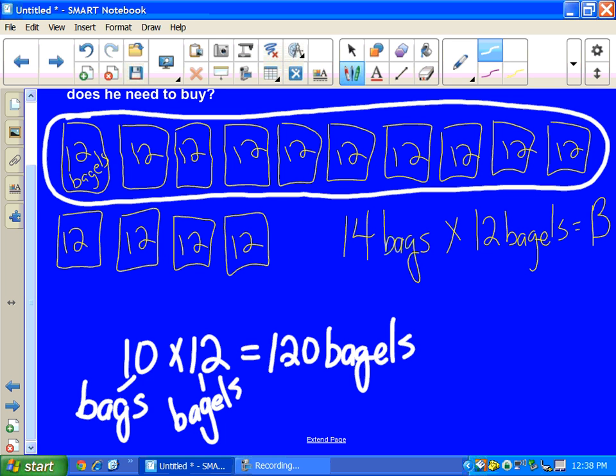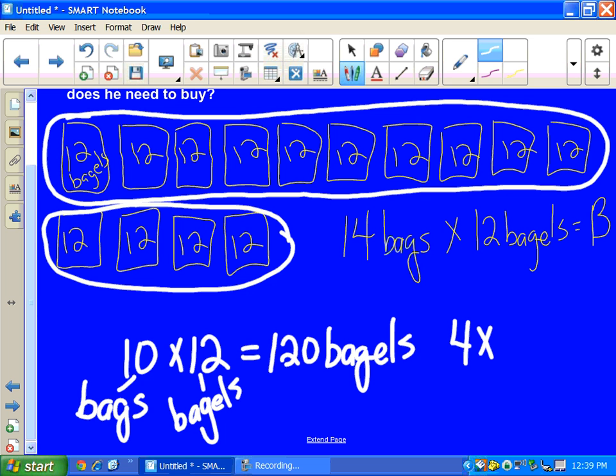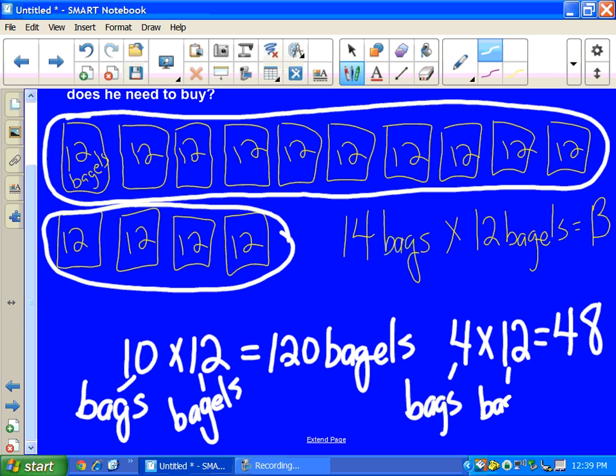We still haven't counted all of them, so we see another grouping here that is one of our facts, and that is 4 bags of 12, which we know is 48. Again, the number of bags, the number of bagels.